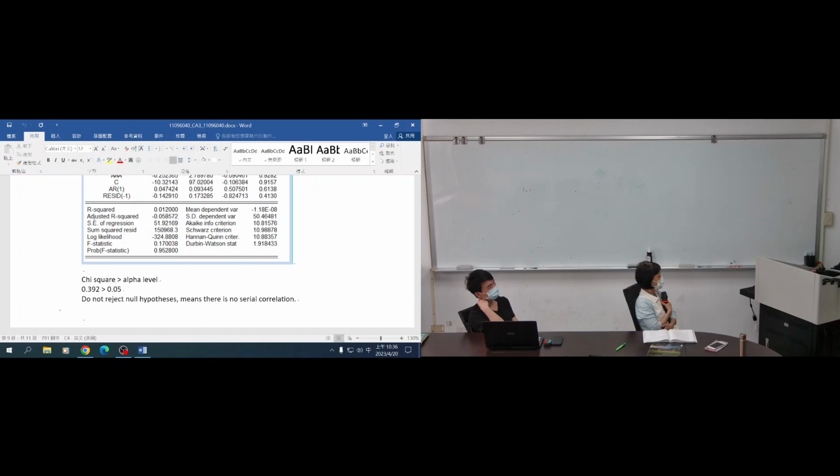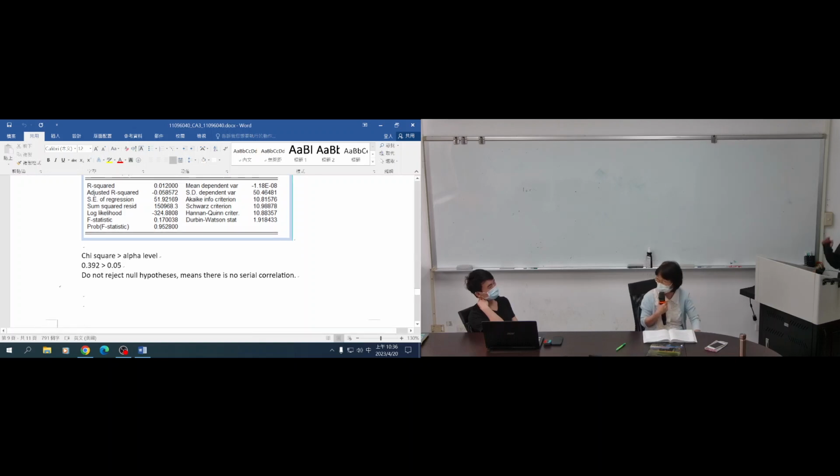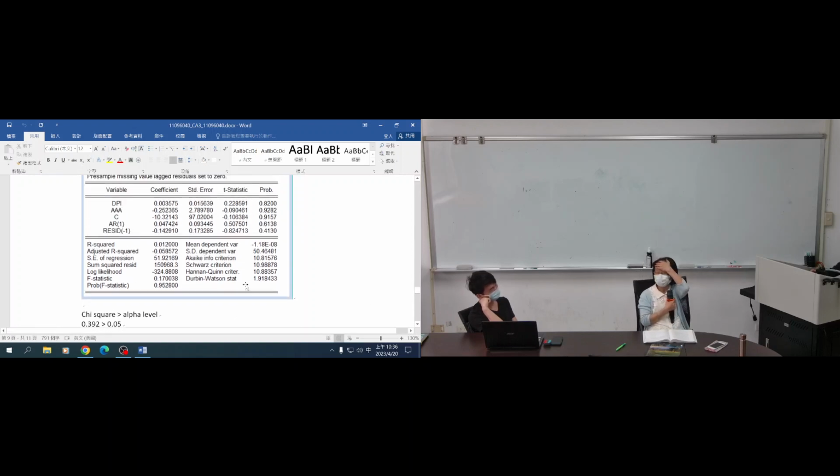Very important, the conclusion is very important. We do not prove no serial correlation. We just don't have enough evidence to show there exists serial correlation.